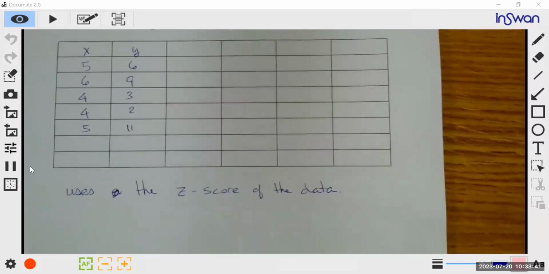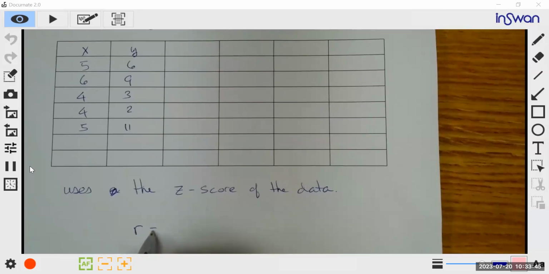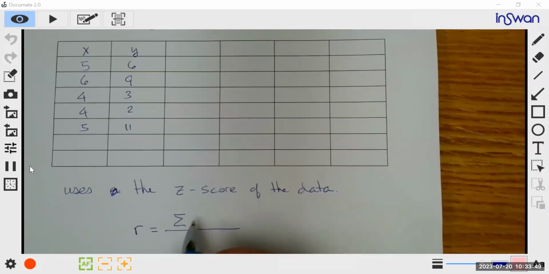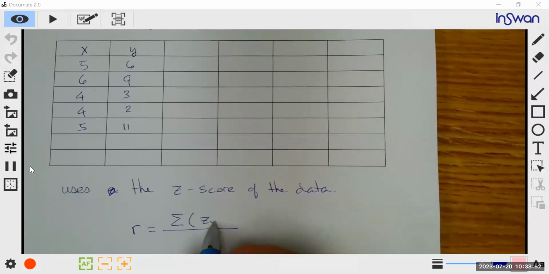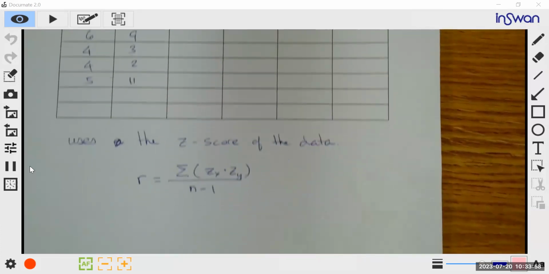So the formula to find r of this one is the summation of zx times zy over n minus 1.